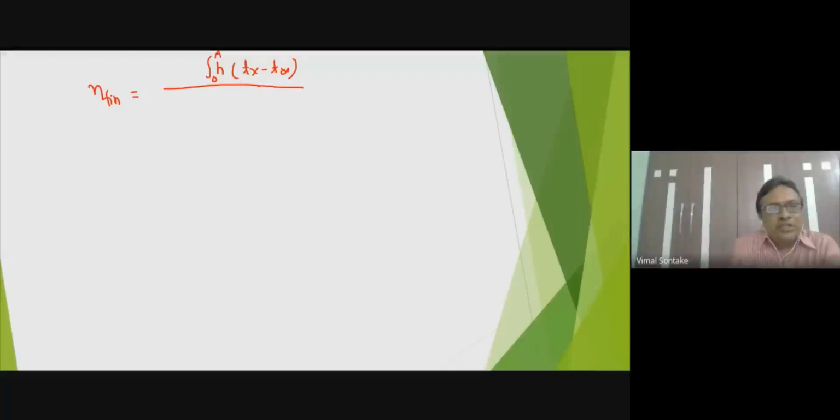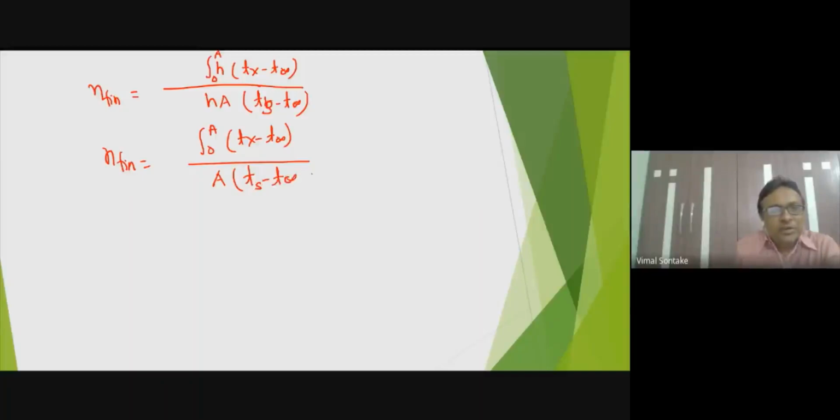So this will be the actual heat transfer rate to the maximum possible heat transfer rate when the entire fin is at base temperature. So eta fin can also be given as, h is going to remain the same for the fluid, integral of h dA (Tx minus T infinity) over h A into (Tb or Ts). Let's say I am taking Ts. So this way I can find out the efficiency of the fin.